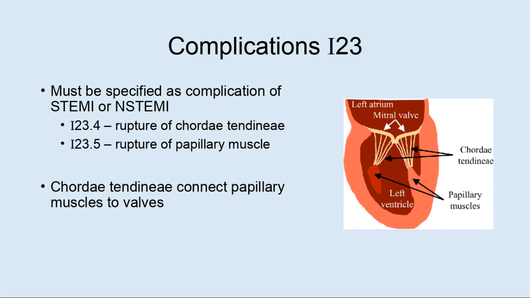So again, we have some more. Rupture of the chordae tendineae, that's the heartstrings, and that's here. And it kind of helps with the function of the valves, and then the papillary muscles are connected to the chordae tendineae. So these can rupture during a heart attack, and that's another complication.